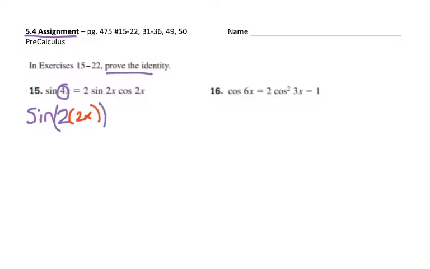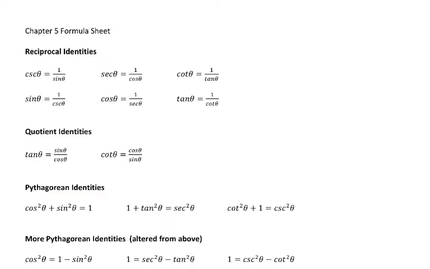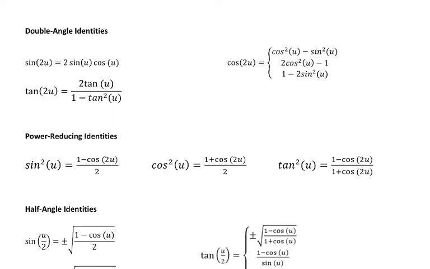And what that's going to do is allow us to use this formula here, where we end up with sine of 2 and then u. And in this case, our u is actually going to equal 2x as well. And so that means I can rewrite it as 2x there and 2x there.